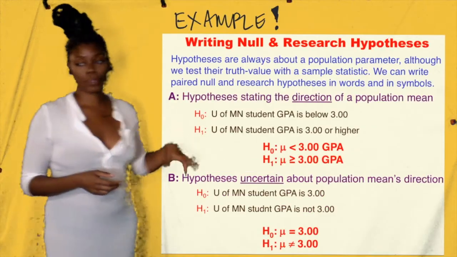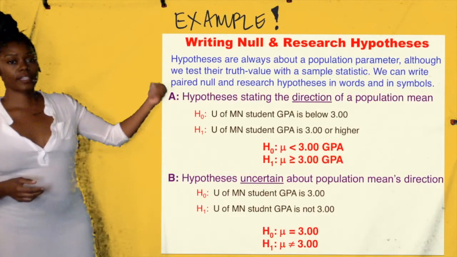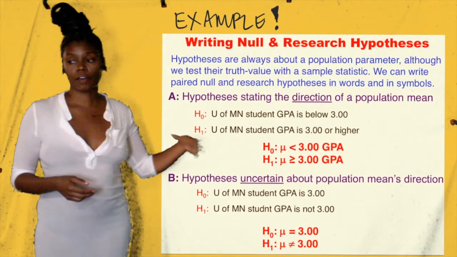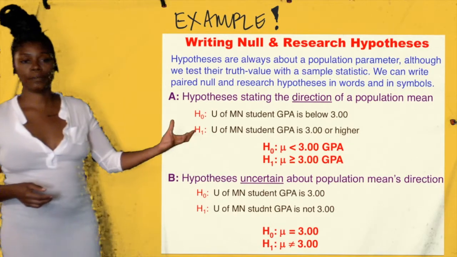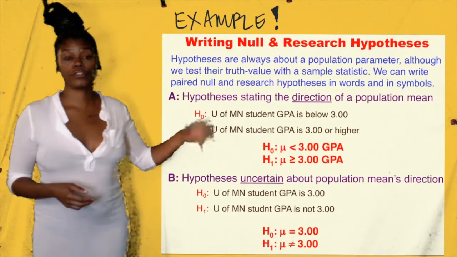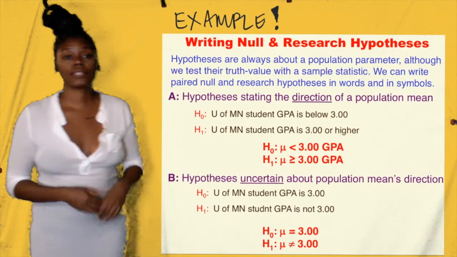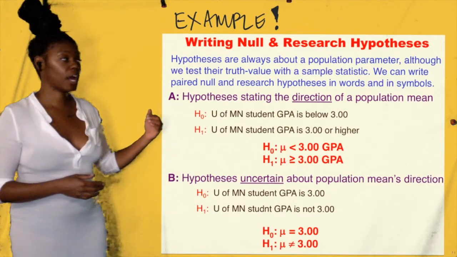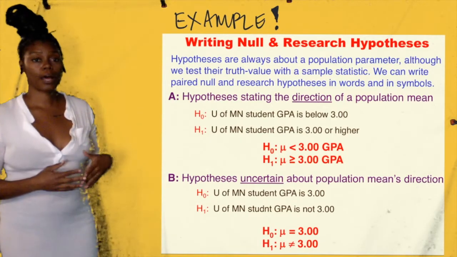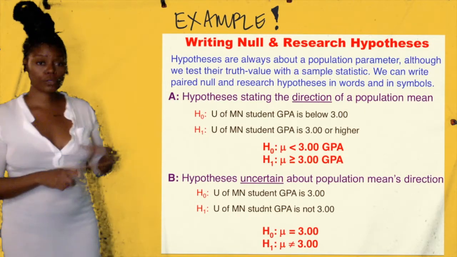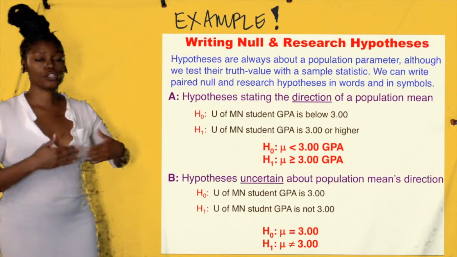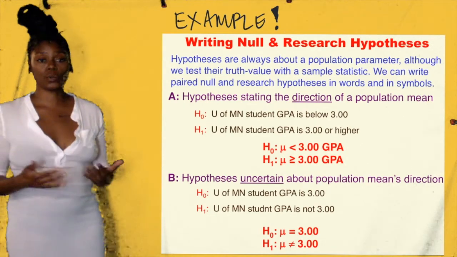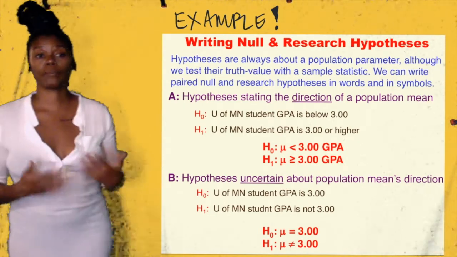So in this example, you can see that we are testing the hypothesis that a student at the University of Minnesota has a GPA relative to 3.0. And when I say relative, I mean we're either testing the directional relationship, so greater than, less than, or equal to, or a directionless relationship, so just is it equal to or not 3.0.